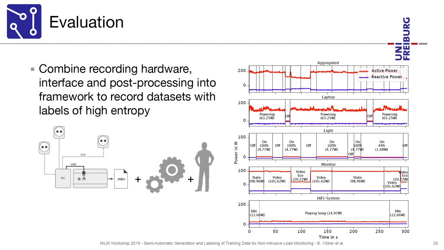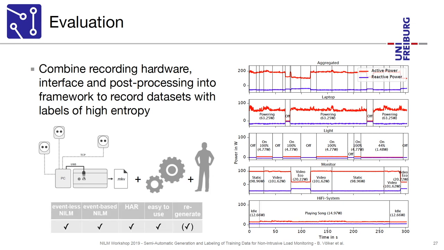If you now have the recording hardware, the recording interface, and the post-processing step, you can build this together into a framework to record data sets of high entropy. For example, as you can see on the right side, you have your aggregated signal on top with all the state changes marked, and also the individual device streams at the bottom with precise and high entropy labels.